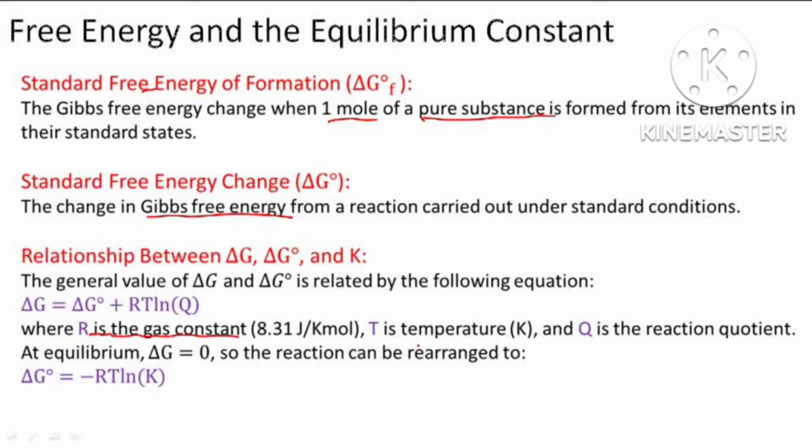Now another case: what will happen in the case of exothermic? For endothermic, you understand that K will be much smaller than 1, and the reaction is unlikely to form much product.